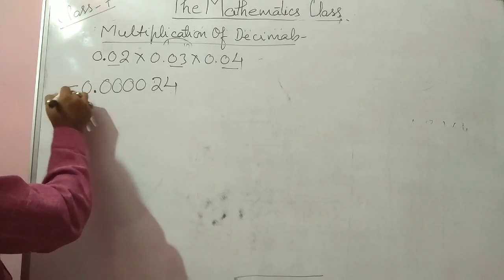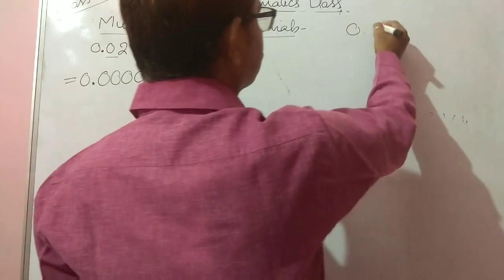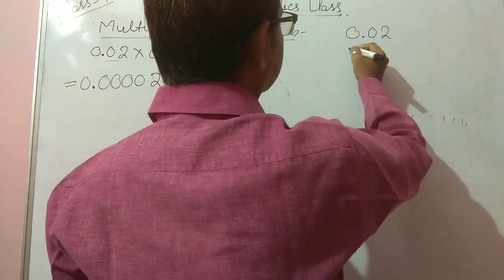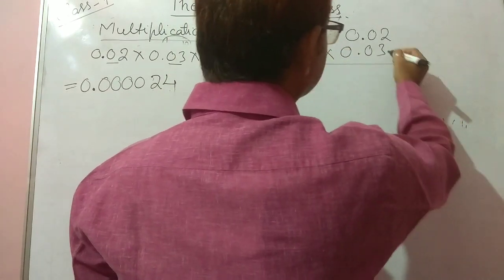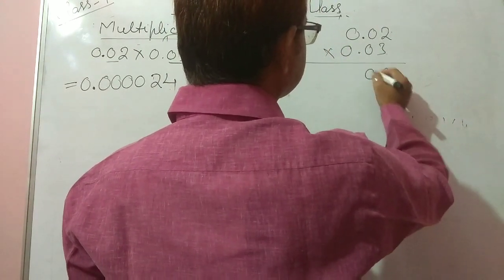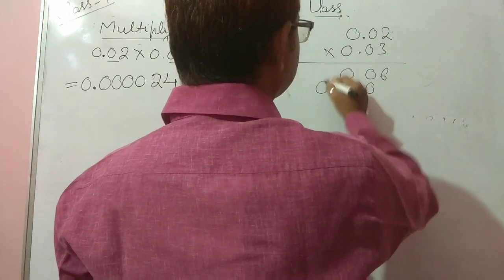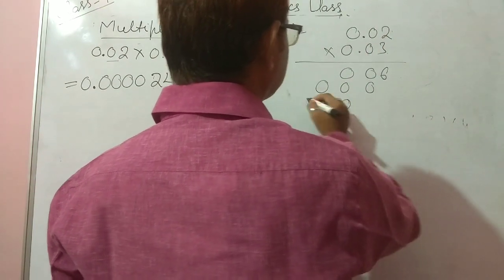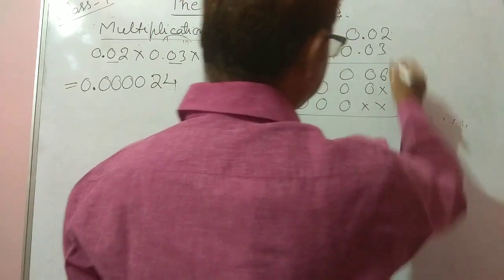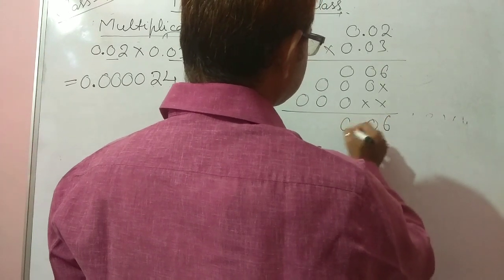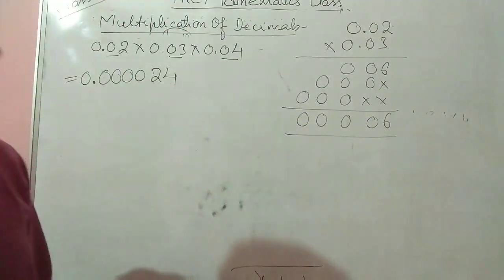I'll show you the working. Suppose it is 0.02 into 0.03. First we multiply them: 3 2s are 6, and the zeros give 0, 0, 0, so we get 6000. Now where to place the decimal?